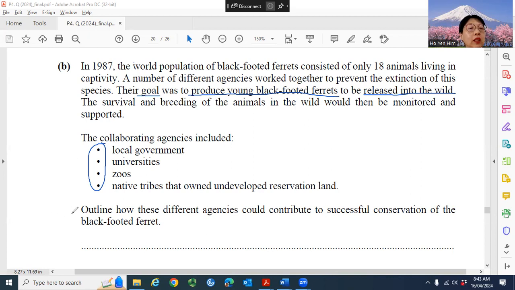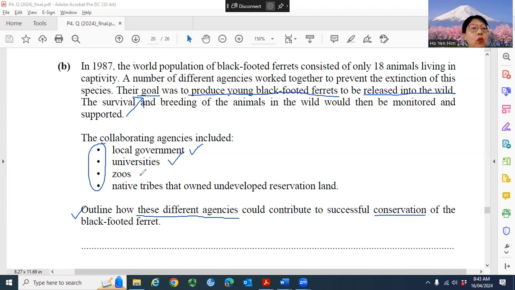The question asks the student to outline how these different agencies could contribute successfully to the conservation of black-footed ferrets. So it's not about conservation in general, it's about what activity they can do to achieve this goal. The best way to write your answer is to write what local government can do, 1 mark.